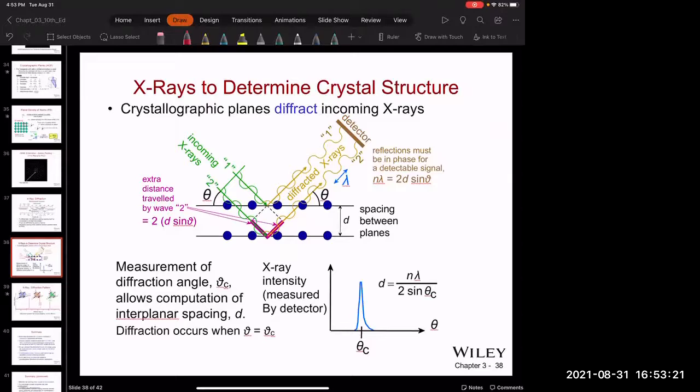The detector will detect how much of the X-ray comes through by bouncing back from the atoms, right? When they bounce back, it depends on the distance D between these 2 layers.